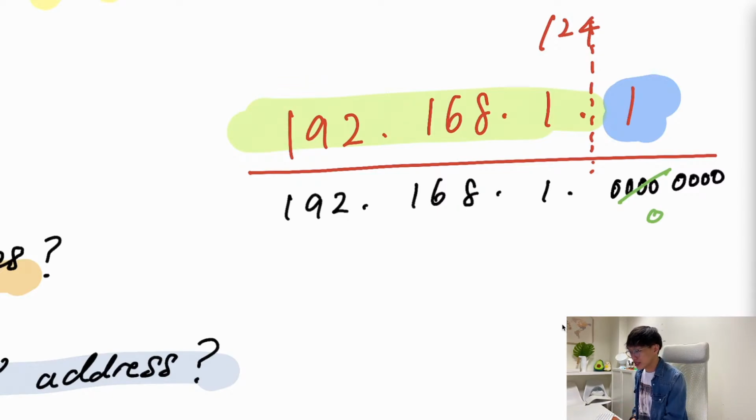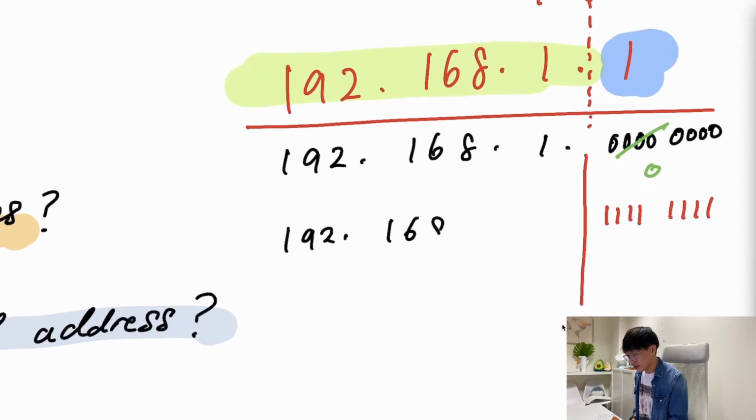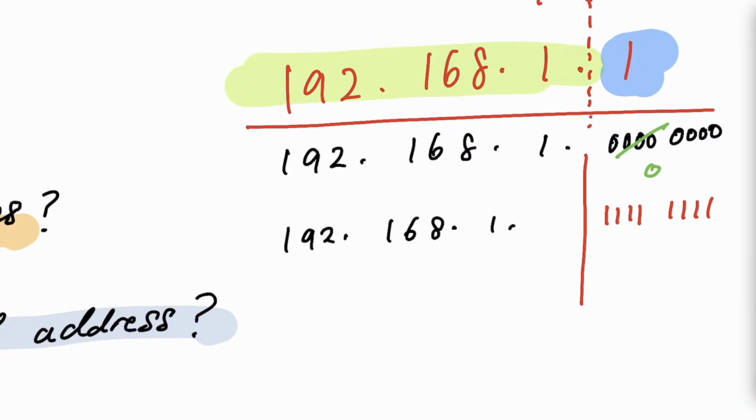For a broadcast ID, we will do something similar. You want to change all the host bit to 1. So over here, only look at the last octet. You have 1, 1, 1, 1, 1, 1, 1, 1. Okay, and then the front part, just write this back exactly: 192.168.1.11111111. So this one here is your broadcast address.